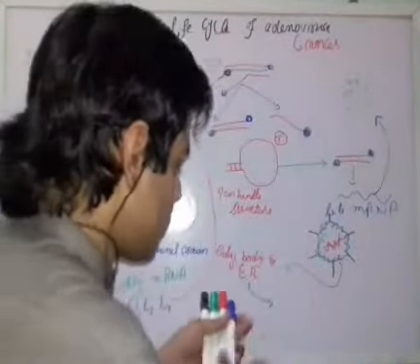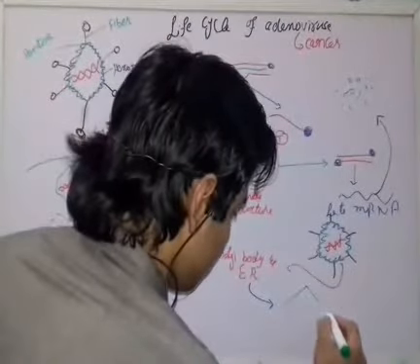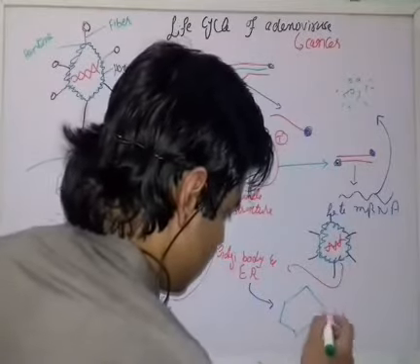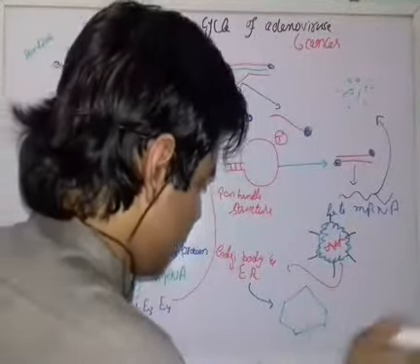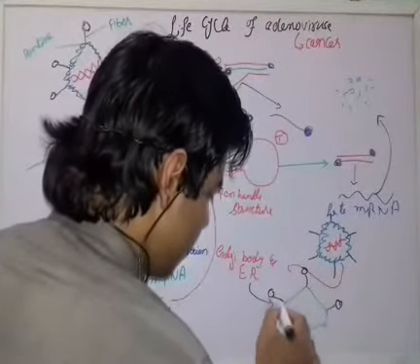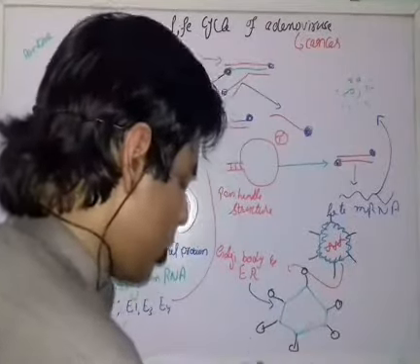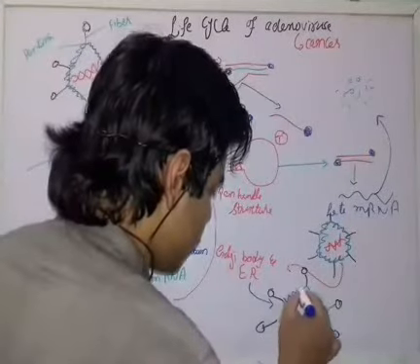So now let me draw the structure once again. So we get a structure just like that of the adenovirus. These are the spikes and these are the proteins, attachment proteins. Fine. So then we will get the mature virus, or we can say progeny virus, and these are the hexons.